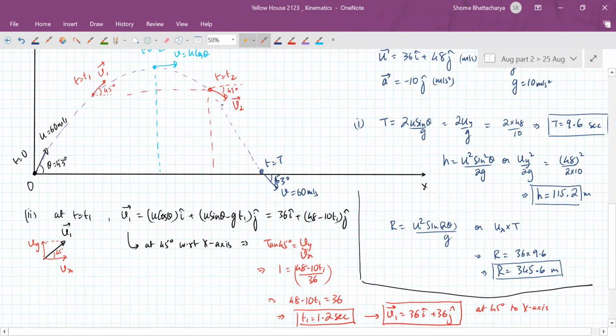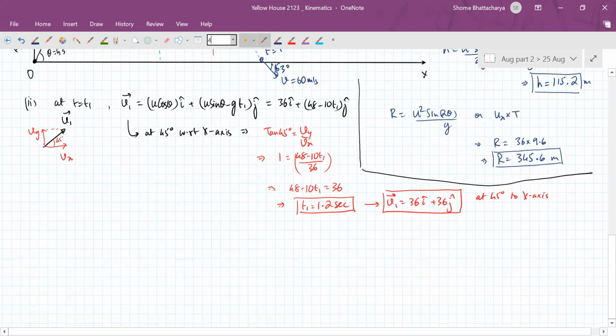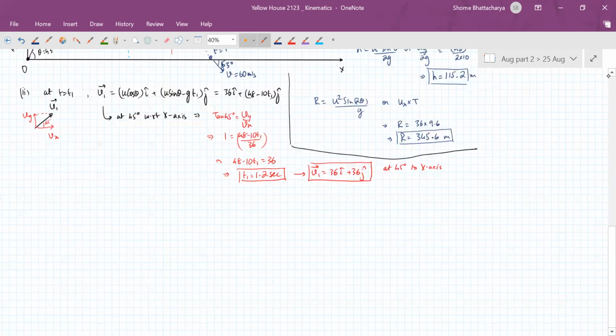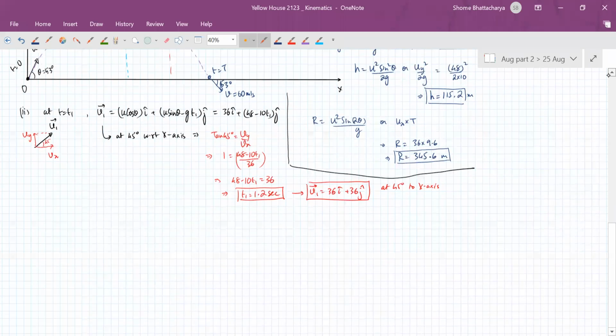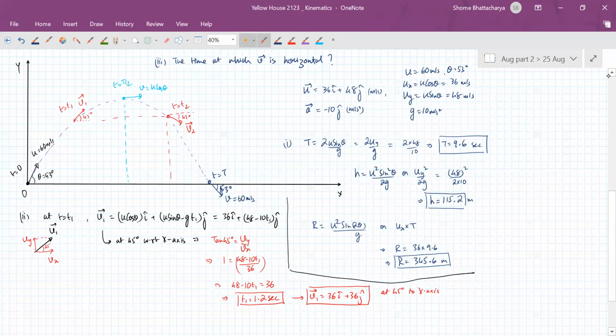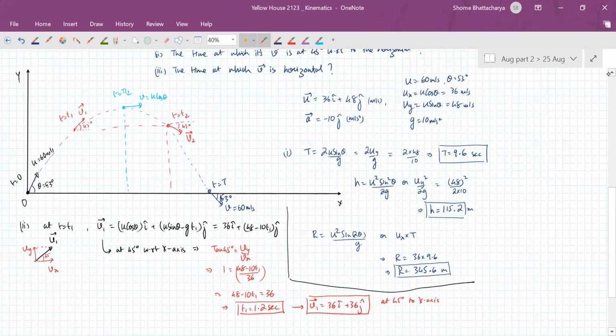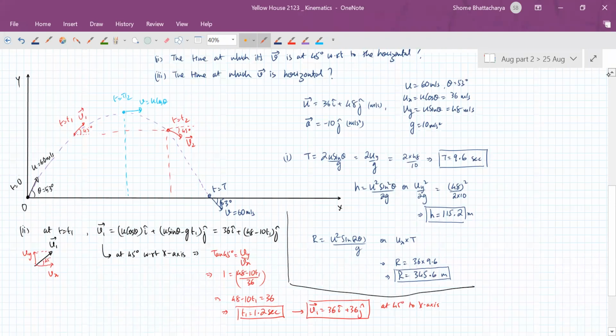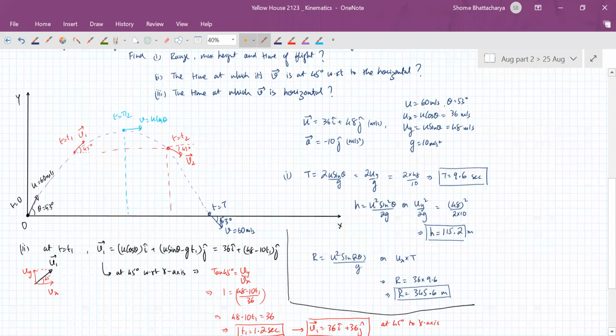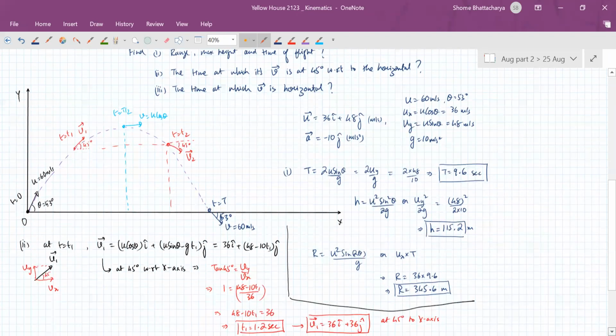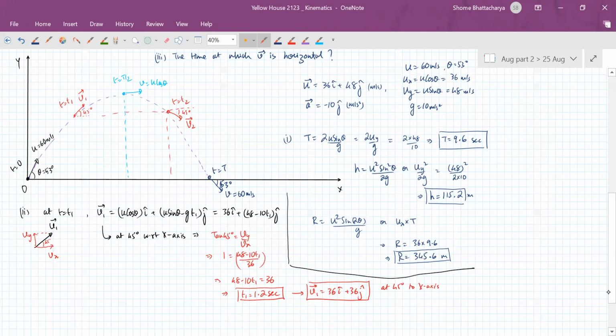But there's also another time t2 at which this happens, which I've shown in the diagram. So the answer to the second part is there are two instants of time. One is t1, which is 1.2 seconds, and the other is t2, which we will see will be 8.4 seconds, when again the velocity will be at 45 degrees to the horizontal. So make sure you're understanding this second part very carefully.